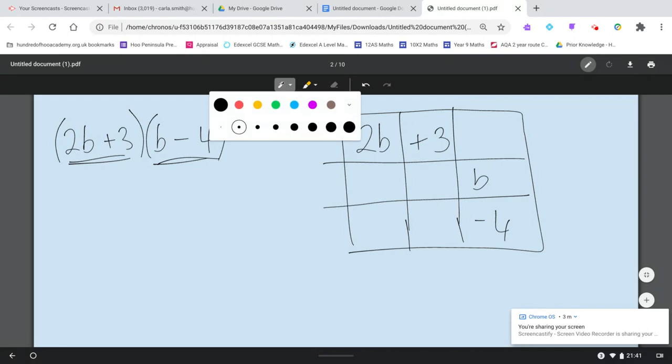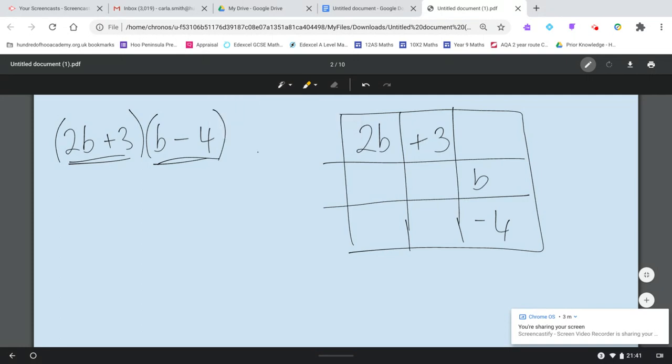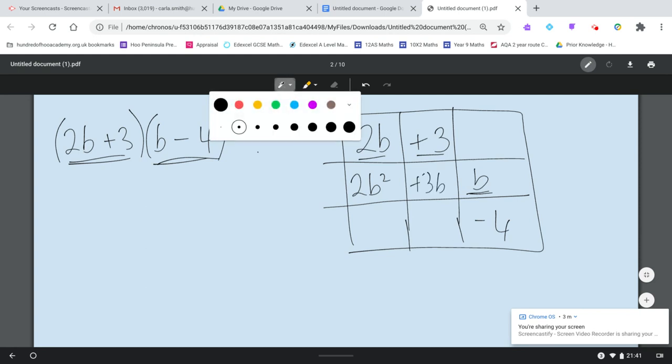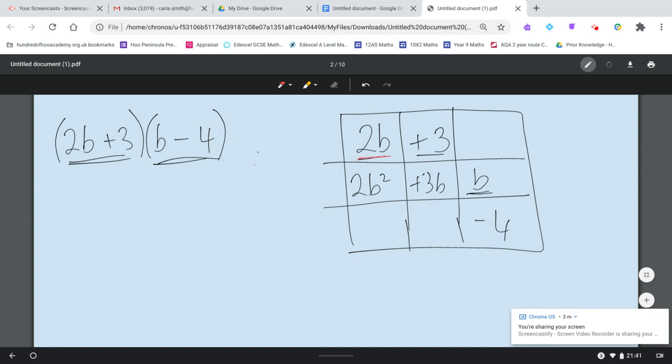So let's do these. So you've got 2b times by b is going to give you 2b squared. Positive 3 times b gives you plus 3b. 2b times negative 4. Well, 2 times 4 is 8. That's a positive 2 and a negative 4, so that's going to be negative overall.